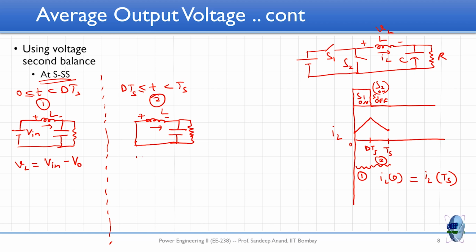In the right case, inductor voltage is equal to, how many of you say Vo? Raise your hand. How many of you say minus Vo? Okay, and rest of you? All agree with minus Vo? Anyone who doesn't agree with minus Vo?